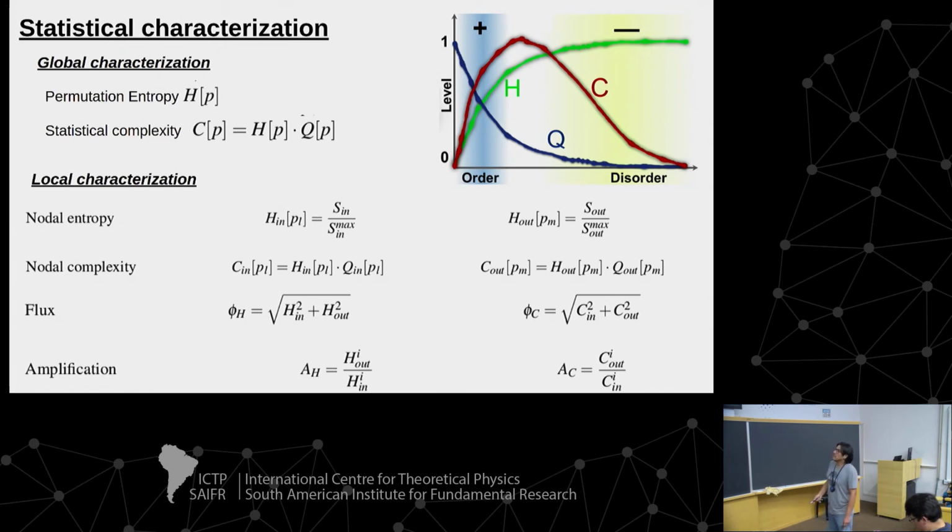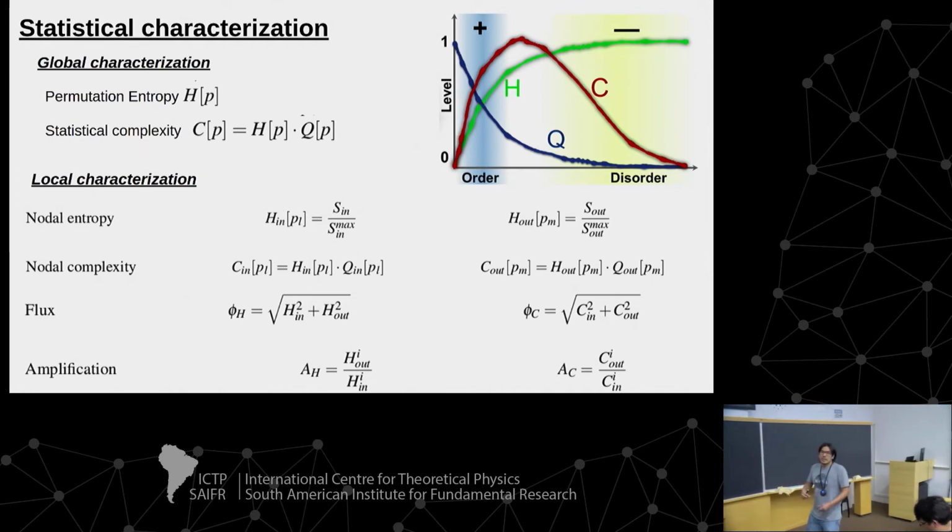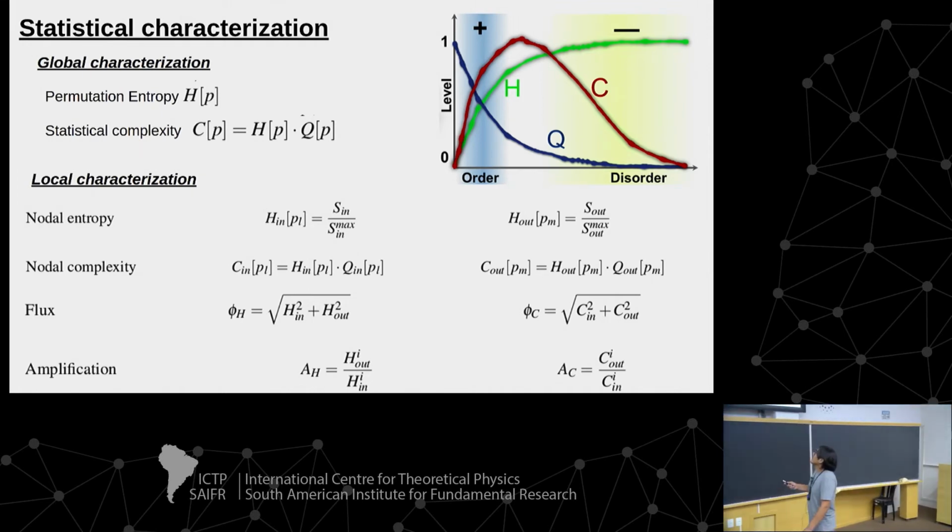We define in our system for our project a nodal entropy, a local measure of what we call the entropy, defined in the usual way: the entropy in a node divided by the maximum entropy that you can get in the node.